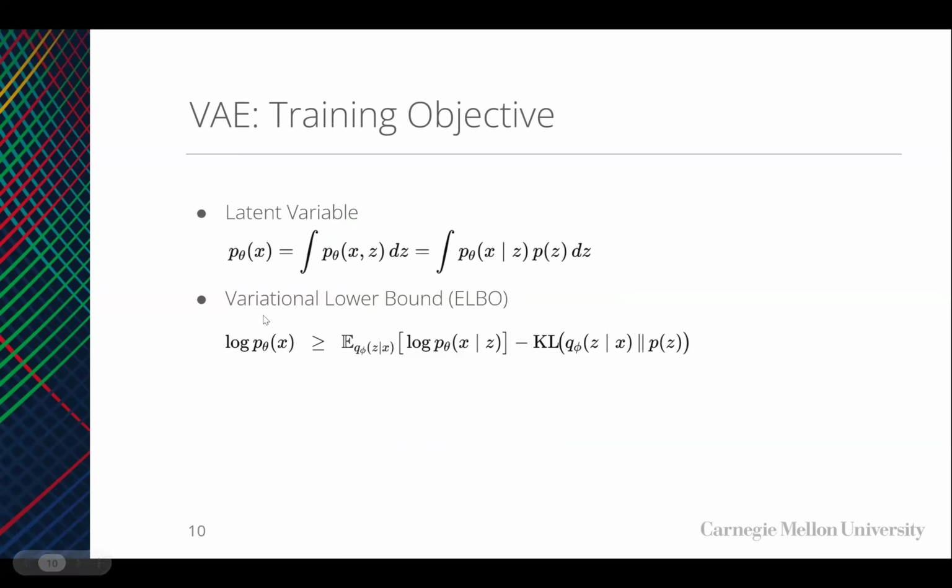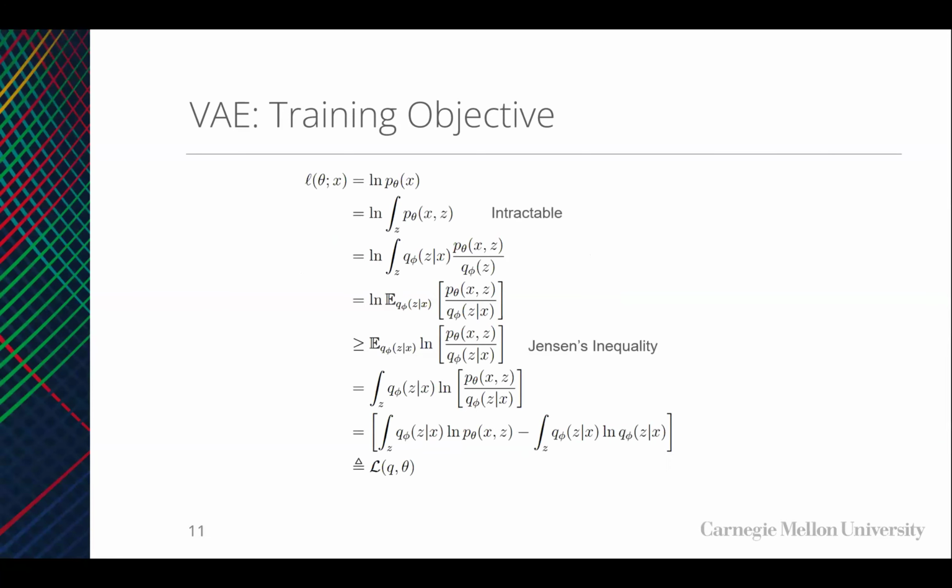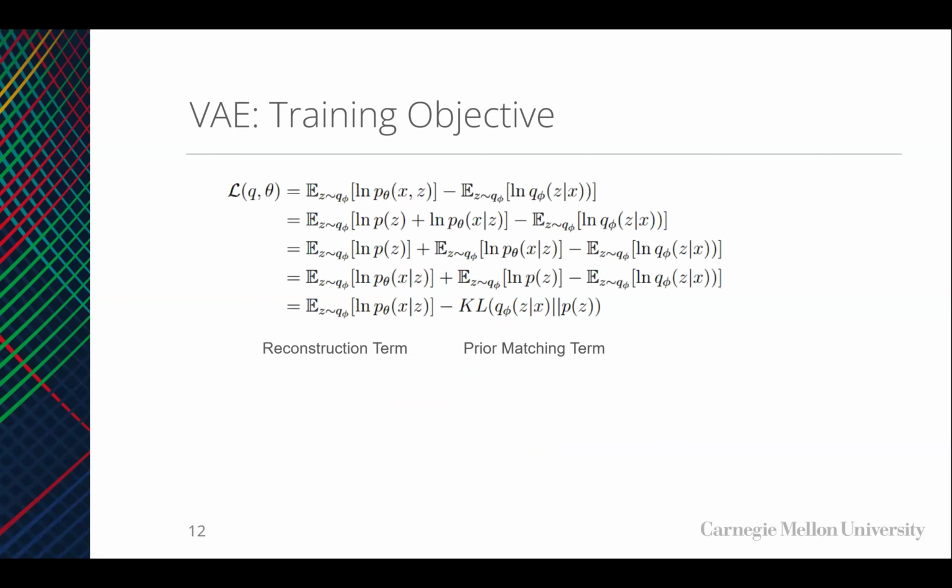In probabilistic models, there's an important tool called the variational lower bound. You basically lower bound the log likelihood, which is the training objective without the expectation term, with the help of the latent variable. This is how you derive it. I'm not going to go through it step by step; you can look at it later.